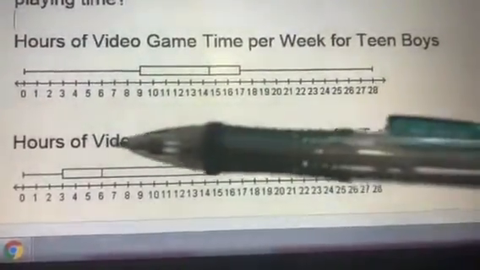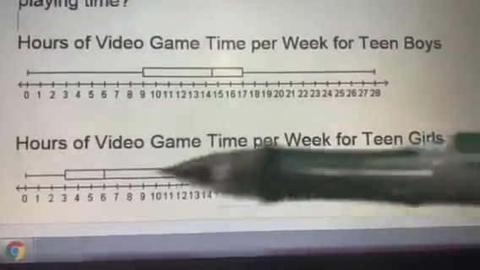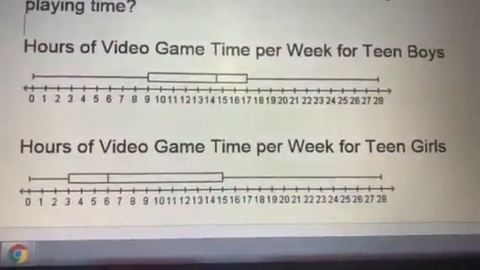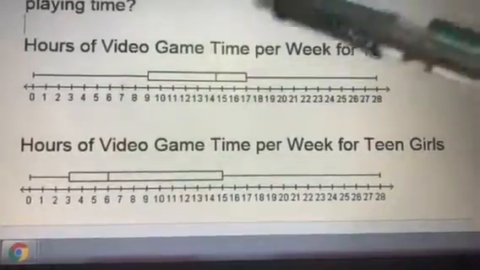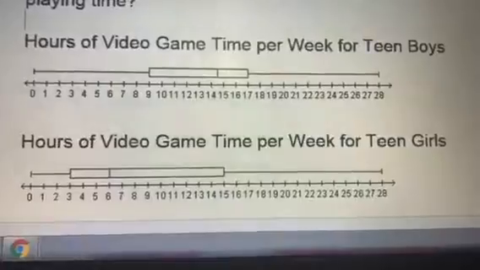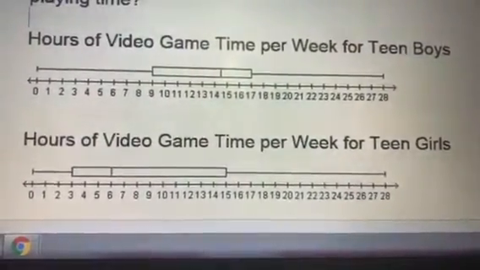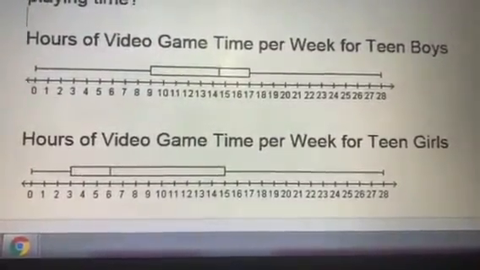The girls there is much more spread apart on the higher 50% side, because it's going all the way from 6 to 28 to represent 50%, which means there's a lot more spread in the data. Whereas the boys is more spread apart on the lower side. So just comparing the median, I can see that boys typically watch more or play more video games than girls.